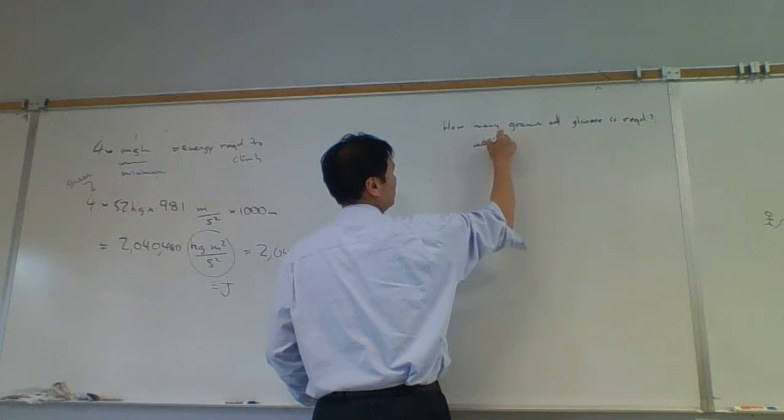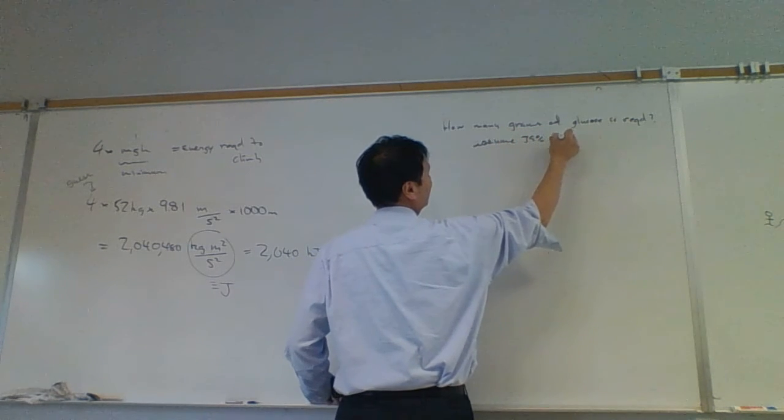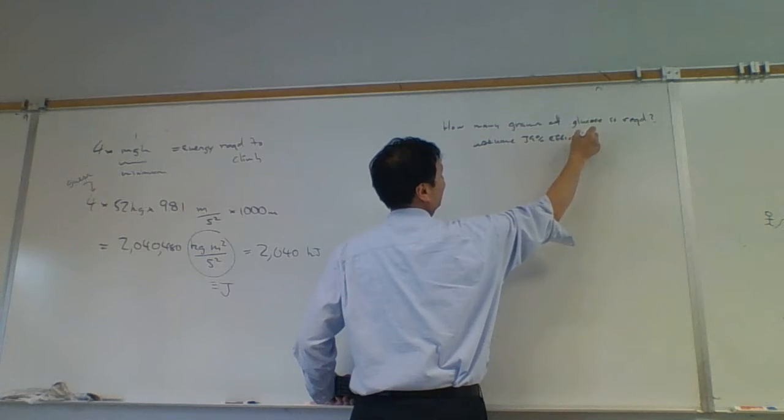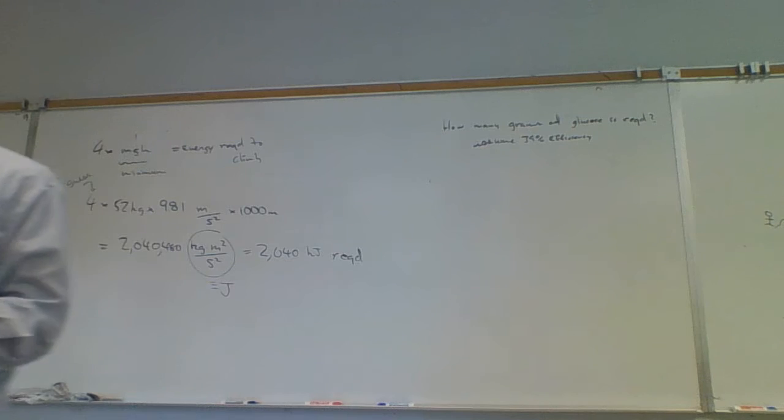We're going to have to assume 39% efficiency, because the heat is not going to raise you up the mountain. It's the work that's going to get you up the mountain.